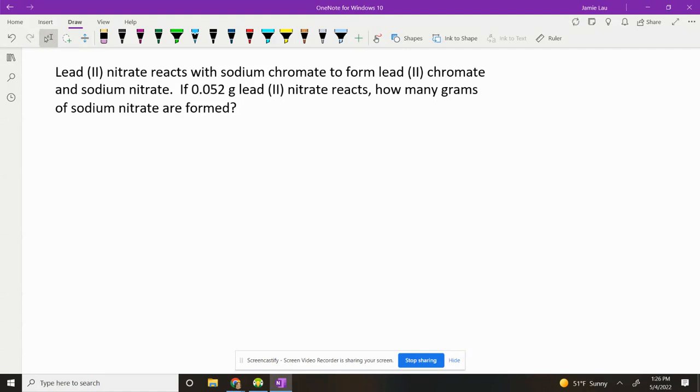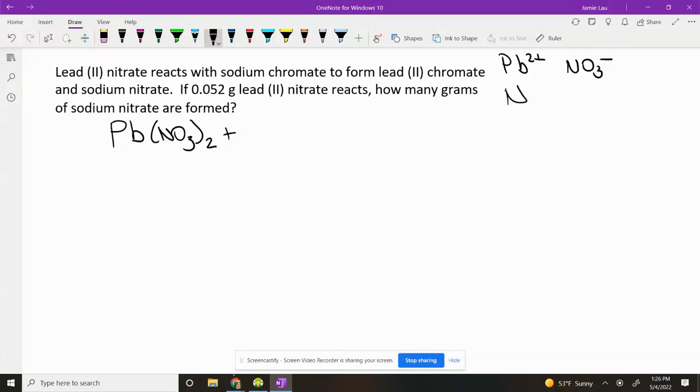Lead 2 nitrate reacts with sodium chromate to form lead 2 chromate and sodium nitrate. So lead 2 nitrate, right? Lead would then have a 2 plus. Nitrate has a 1 minus, so I'm going to have Pb(NO3)2 plus sodium chromate, right?